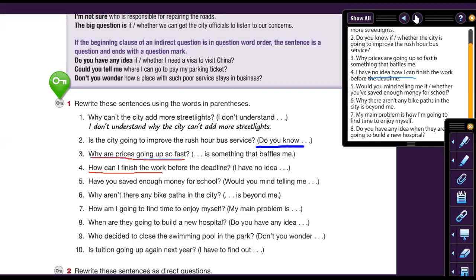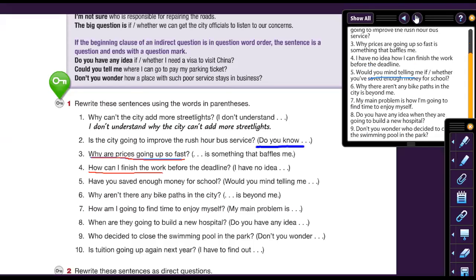Number 9. Don't you wonder who decided to close the swimming pool in the park? Correct.